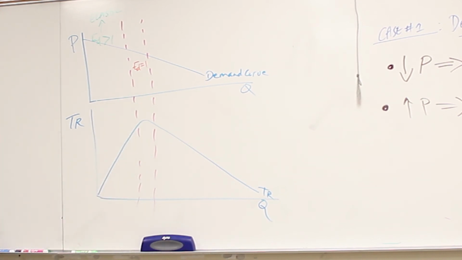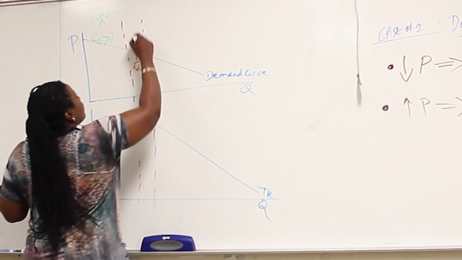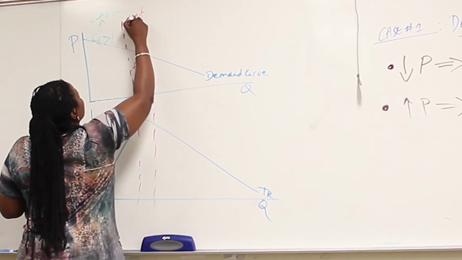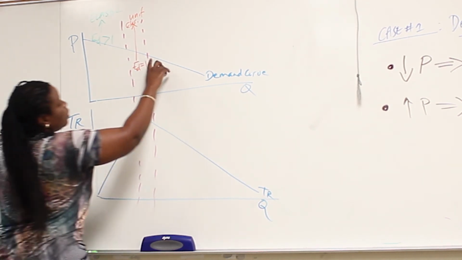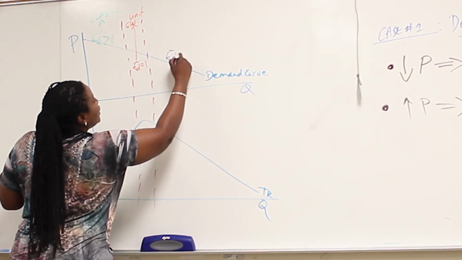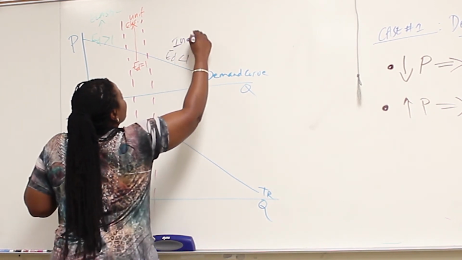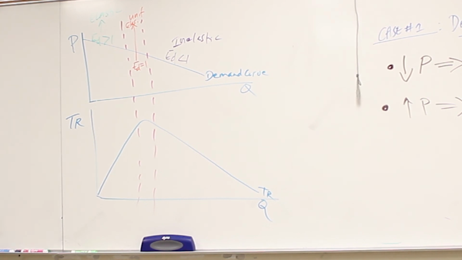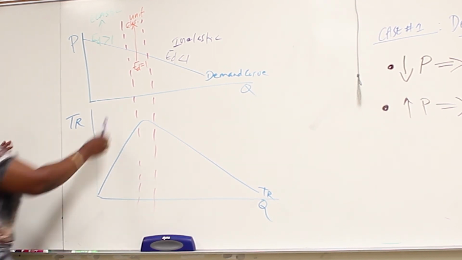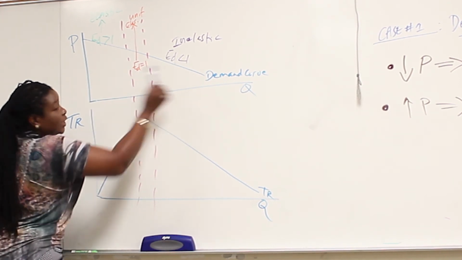What is that called? Unit elasticity. Very good. And in the lower areas, you have E of D less than 1, and you know this is inelastic. So upper portions, elastic; unit elasticity; inelastic.